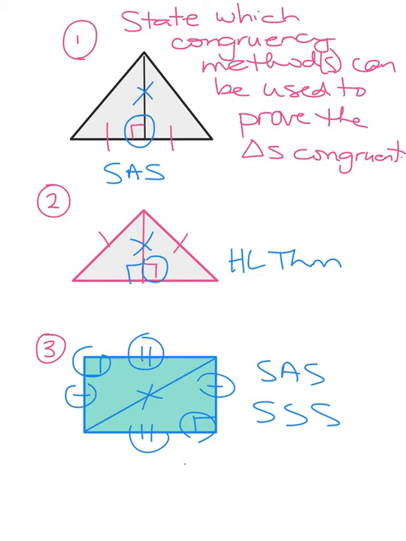And again, if I'm paying attention, that reflexive piece is also my hypotenuse. It's right across from my right angle. So I also have the HL theorem because I have the hypotenuse and actually both legs, but I only need one leg to prove the HL theorem. So in this case, this triangle can be proved congruent by a variety of methods.